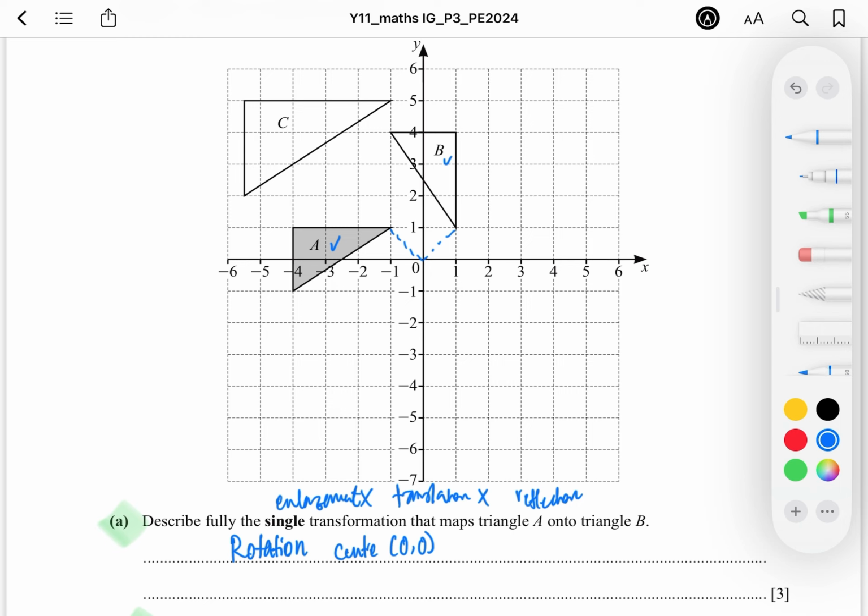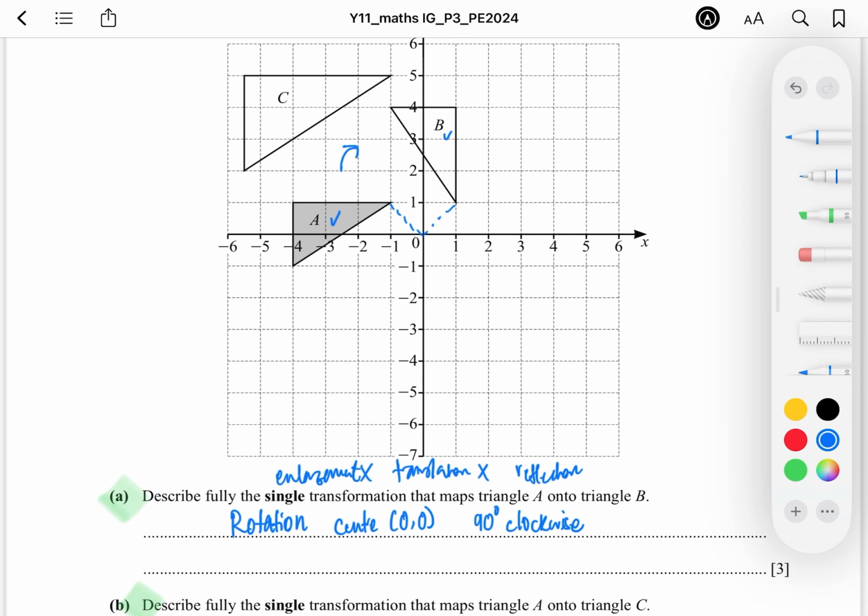You must include the coordinate. And then the last mark would be your angle of direction, going clockwise or anti-clockwise. In this case, going clockwise, because you're going according to the clock direction. So that's your 3 marks.